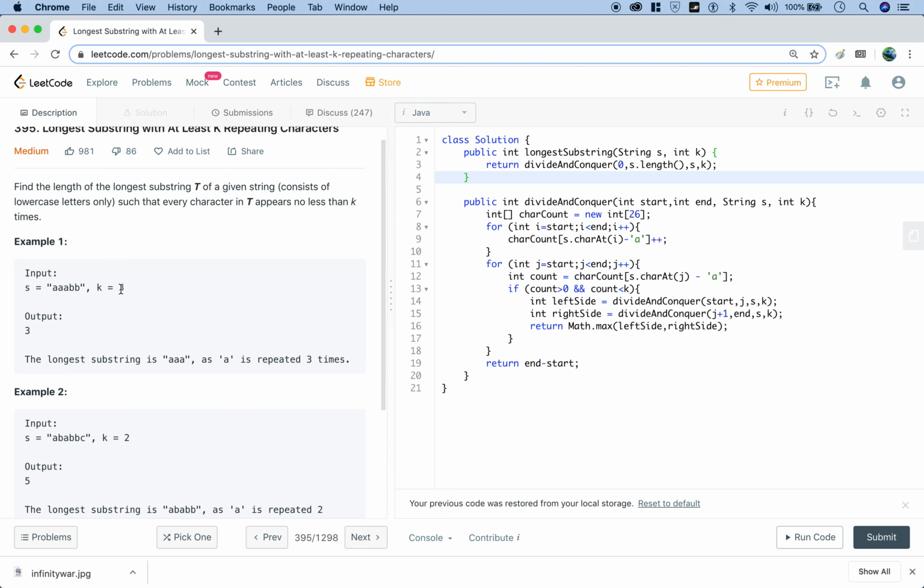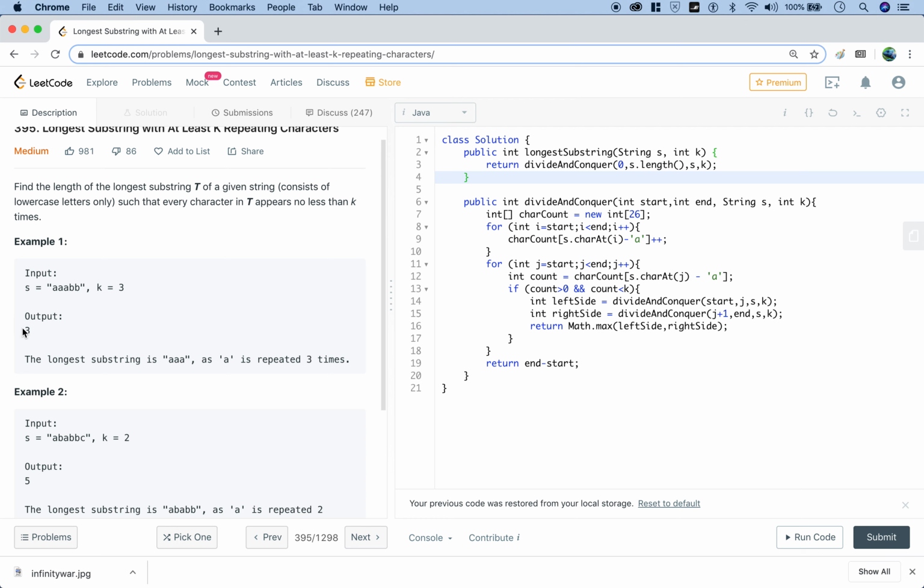Okay, let's look at this example. Our string is AAABB and k equals 3. So we need to find a string within this string that consists of letters that appear at least 3 times.